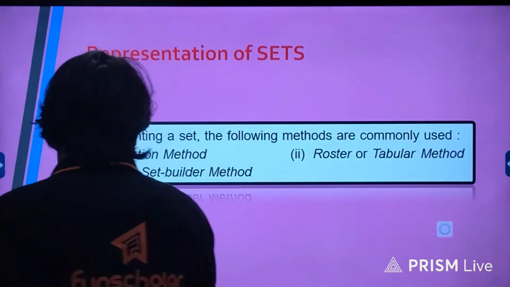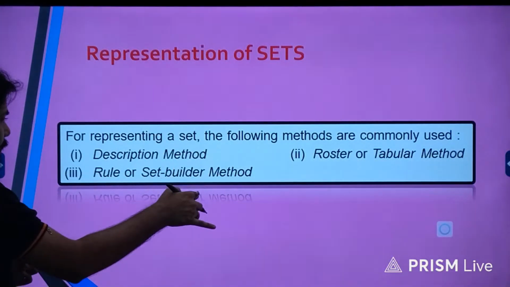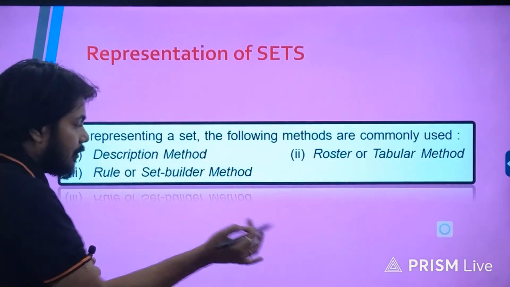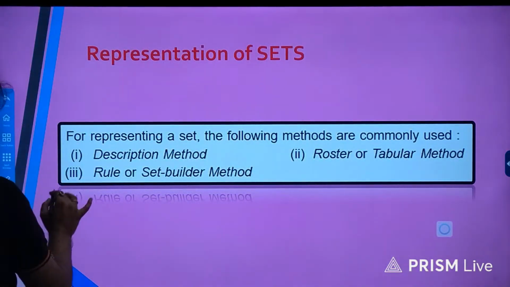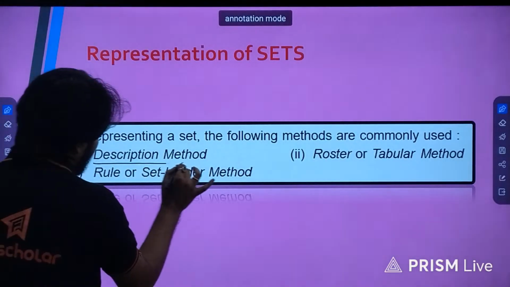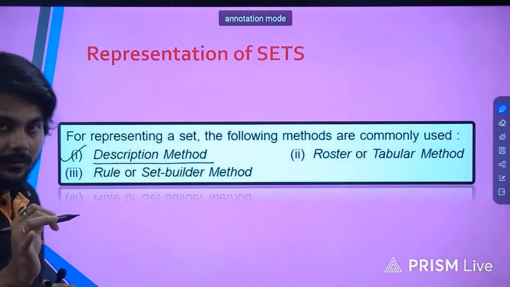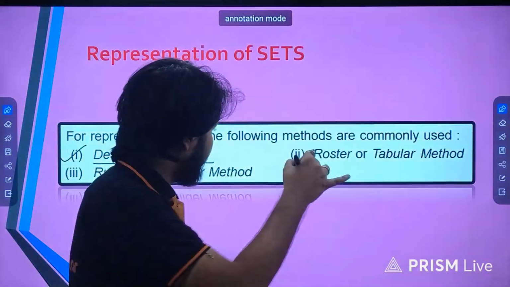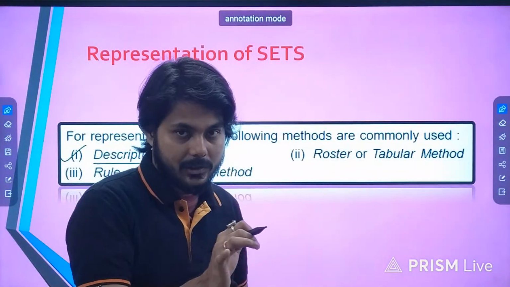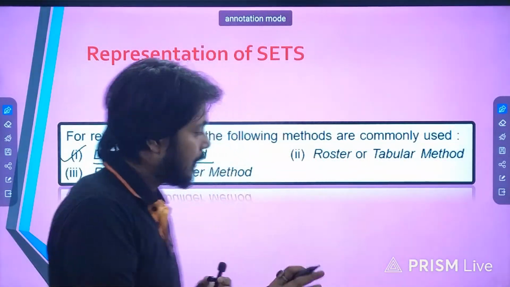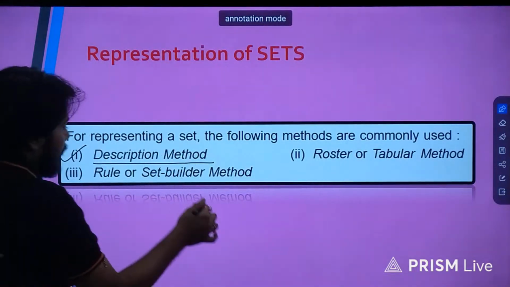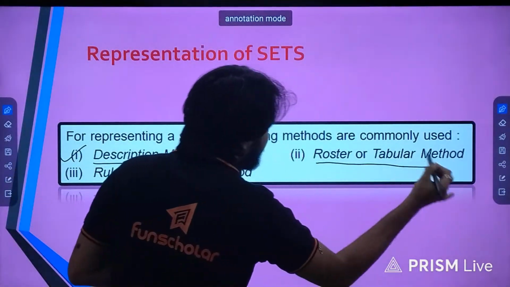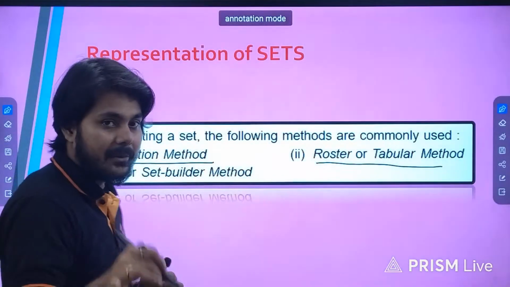So, to represent a set, the following methods are commonly used. What are the methods? Number one, the description method. We will see how to represent a particular set in the description method, we will come to that later. But number one is the description method. Number two is roster or tabular method.